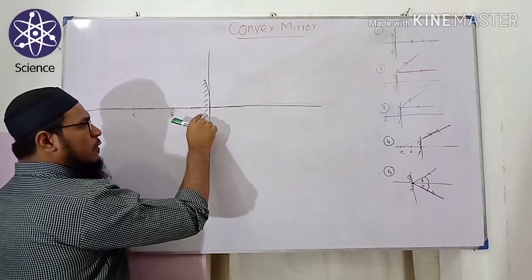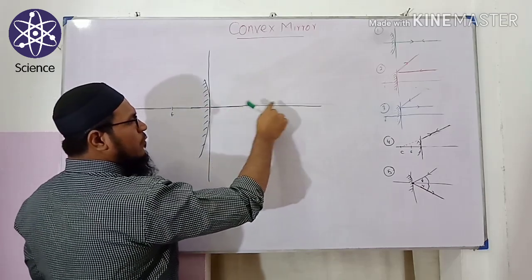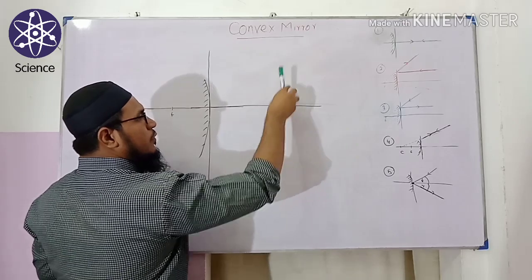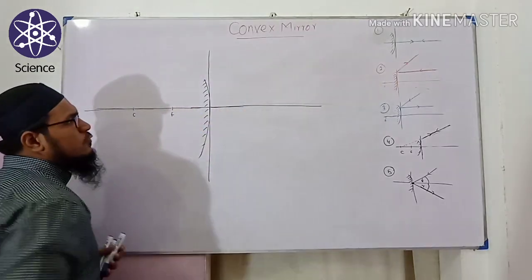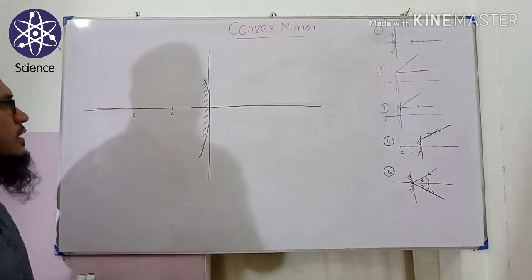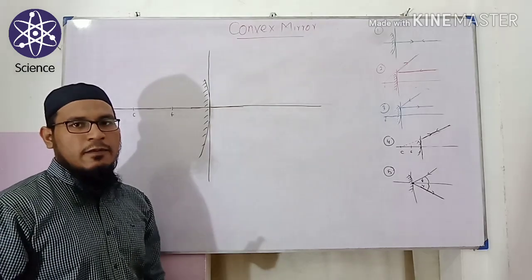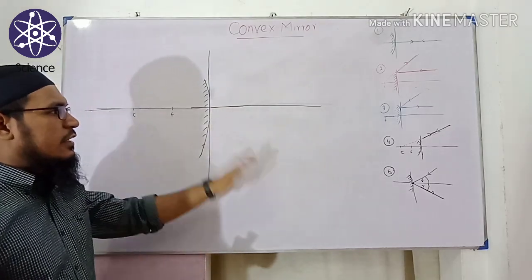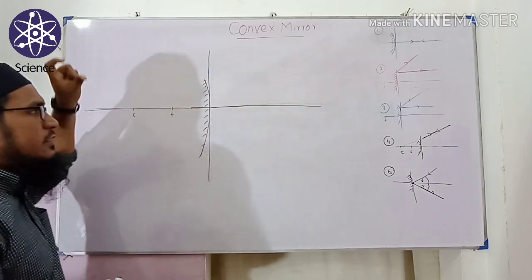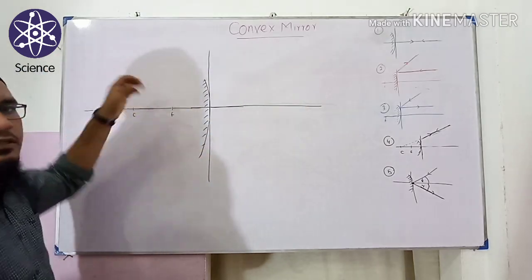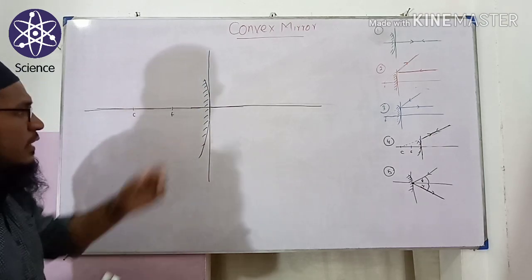That means in between pole and focal point, at the focal point, in between focal point and center of curvature, on the center of curvature, beyond center of curvature, all those points were there. But in this situation, on the reflecting surface, we do not have any such location. Therefore, this is a very easy one. Wherever we keep the object, the image characteristics will be the same. So, we have only very few theory here.